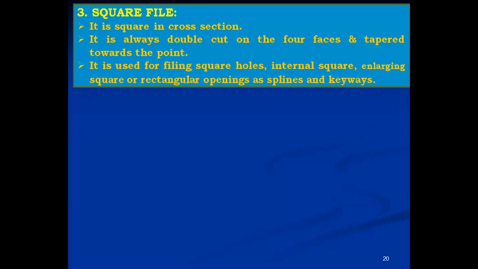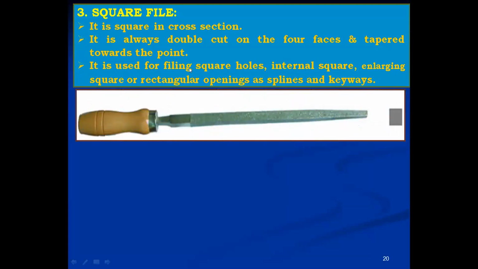Next is the square file. The cross section of this file is a square section. It is always double cut on the four faces and tapers towards the point. It has four faces because all sides are equal.